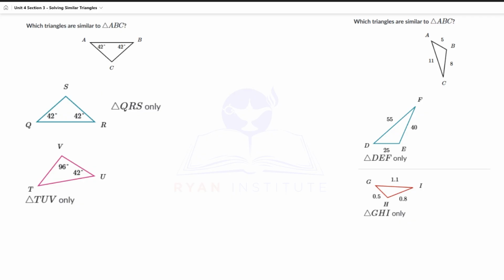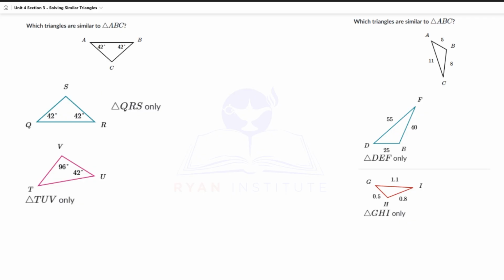All right, now that you've paused the video, let's take a look at this first question. It says which triangles are similar to triangle ABC, and we're given ABC here with two 42-degree angles. So we're given two angles here and no measurements on the side.